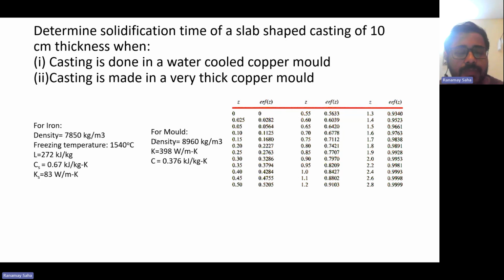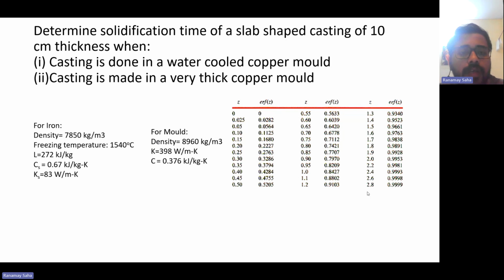Then we move to the next problem, where we have to determine the solidification time of a slab-shaped casting, 10 centimeter thickness, when casting is done in a water-cooled copper mold and in a very thick copper mold. So again, the important point to note here is for the first case, where you have a water-cooled copper mold, it is a thin wall of the mold.